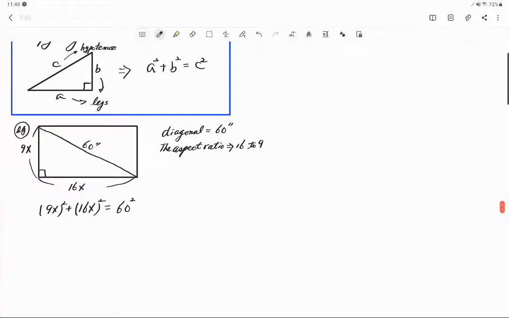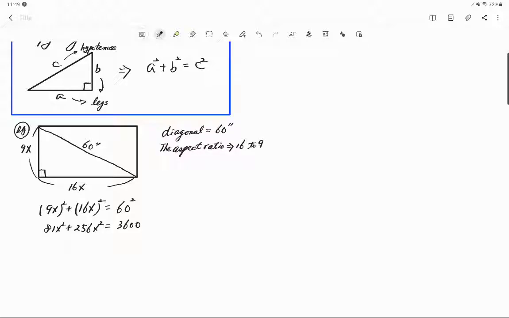So let's solve this equation. 9 squared is 81, x squared, plus 16 squared is 256, x squared, equals 3,600.